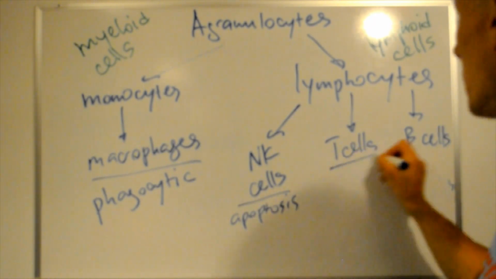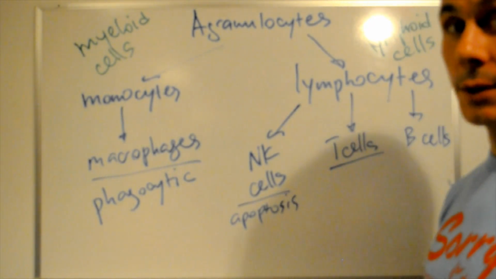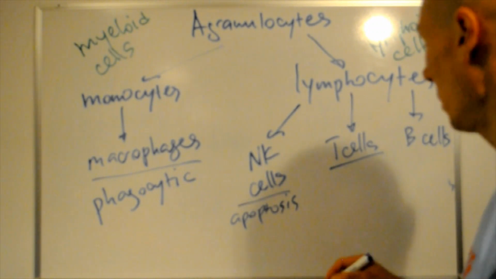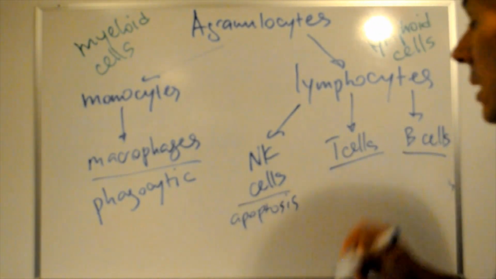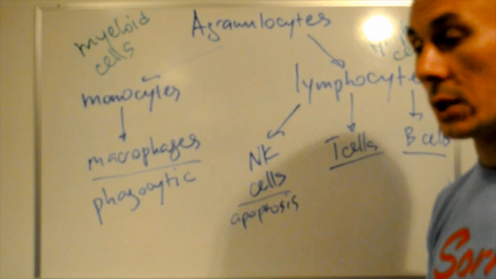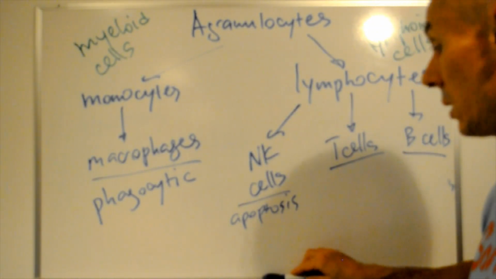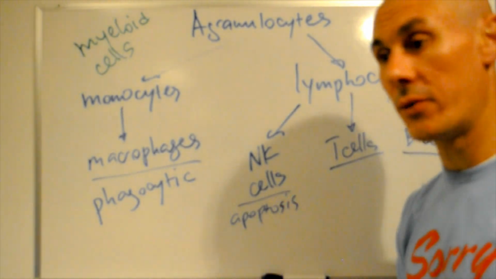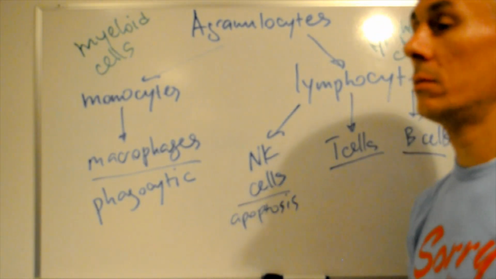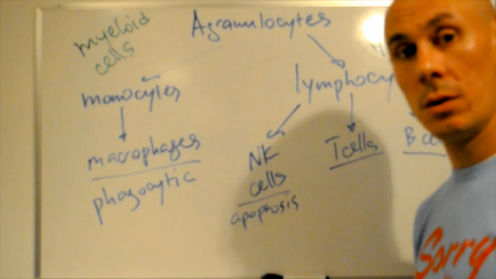T cells have a variety of functions in the adaptive immunity. Separate topic. B cells produce antibodies. We're going to talk about these cells in the adaptive immunity topic. So that basically concludes our quick run through the main cells of the blood and main components.